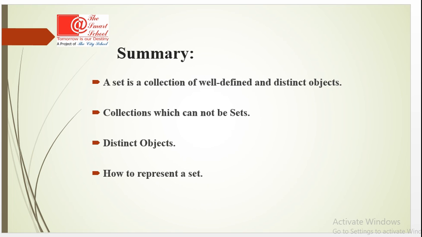Now the summary of today's lesson is: a set is a collection of well-defined and distinct objects, and we saw collections which cannot be sets. We read about distinct objects, and we learned how to represent a set. I hope you are clear about the concept of set and you can implement your learning in your written tasks.